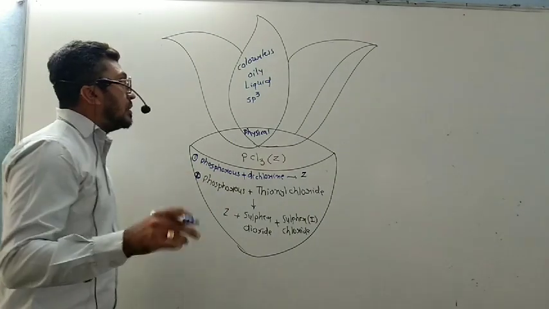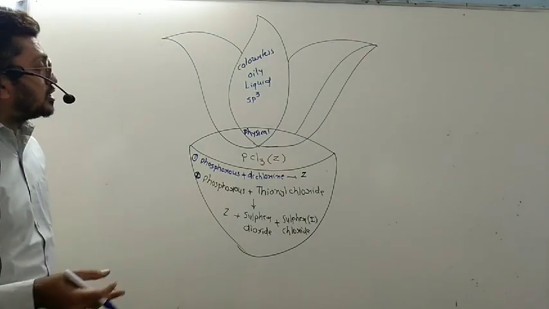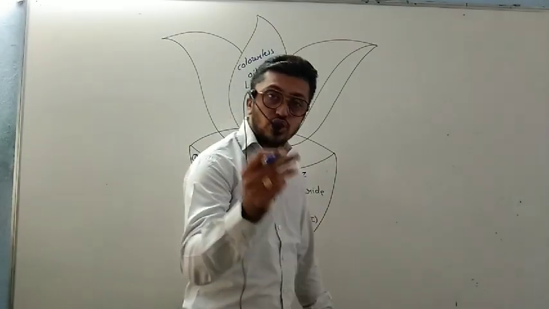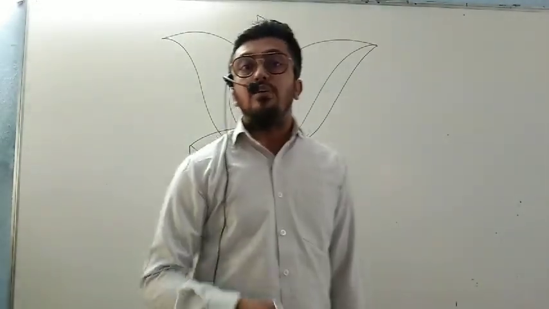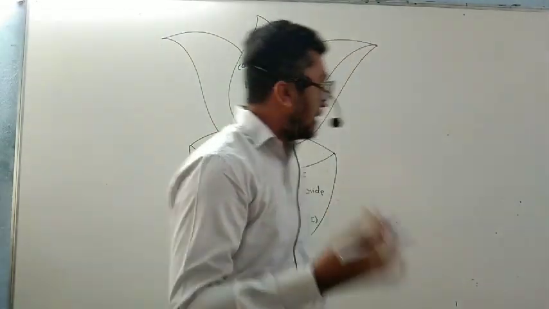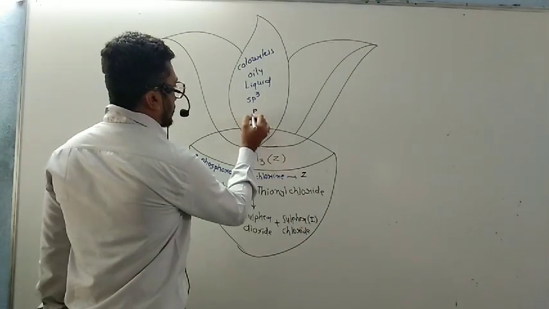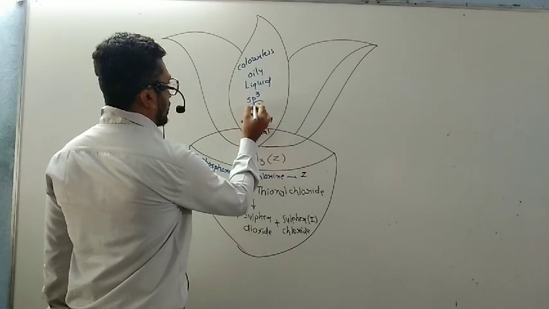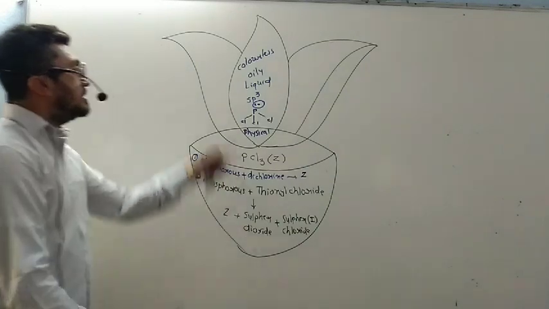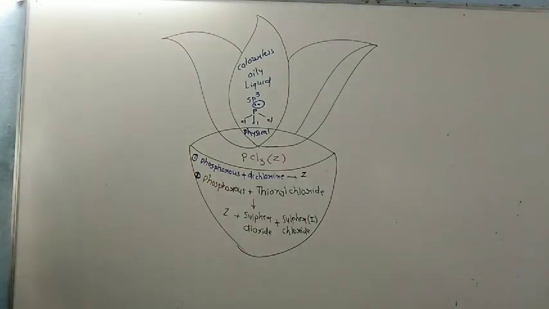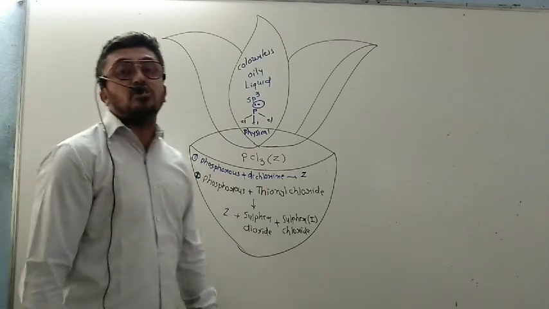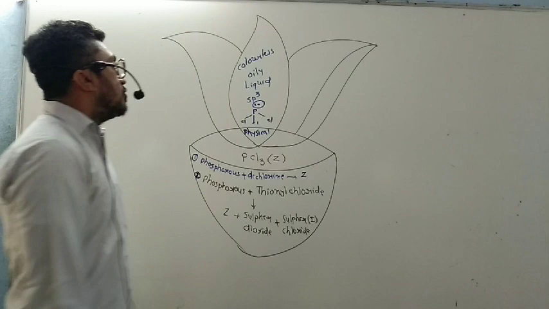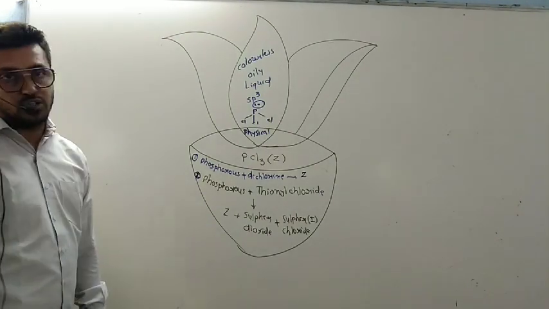In phosphorus trichloride, the central atom phosphorus has 5 unpaired electrons, 3 of which are shared with chlorine, and 1 pair of electrons remains unshared. This is the structure of PCl3. It has sp3 hybridization. Okay, so this is the physical property of PCl3.